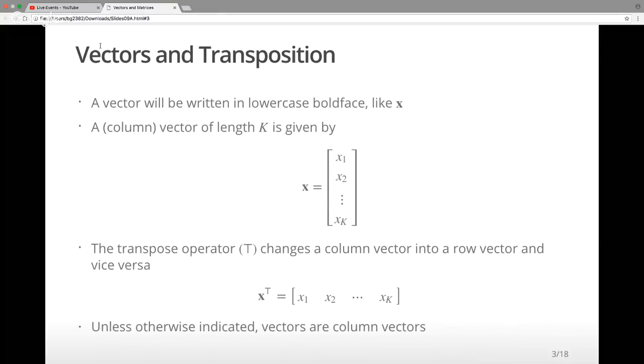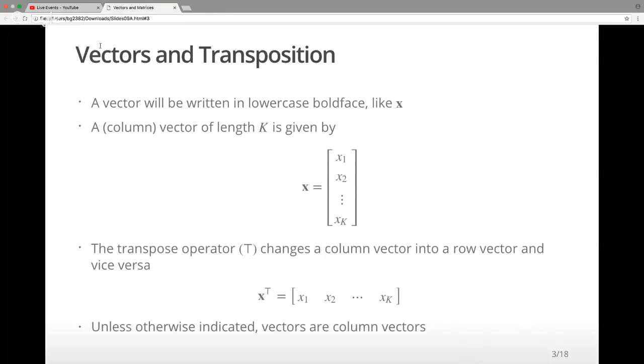So for vectors we need to learn a slightly different form of math, and we need a little bit of additional notation in order to understand whether we're talking about a vector or a scalar. I will follow the reading from the book in that a vector will be written in lowercase boldface like x, and a vector is basically a container of k scalar variables that are written without boldface but in math font.